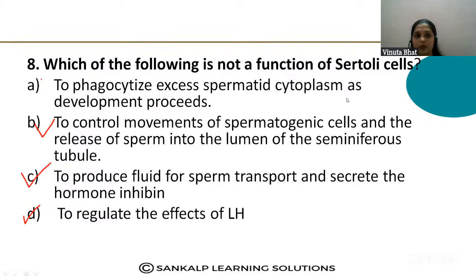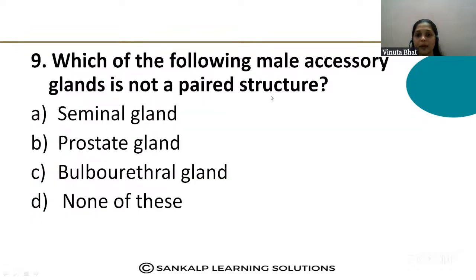See the next question. Which of the following male accessory gland is not paired in structure? Please write down the answer for the ninth question. Seminal gland or seminal vesicle, prostate gland, bulbourethral gland, and none of these.